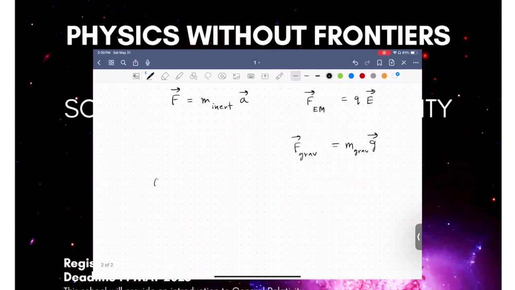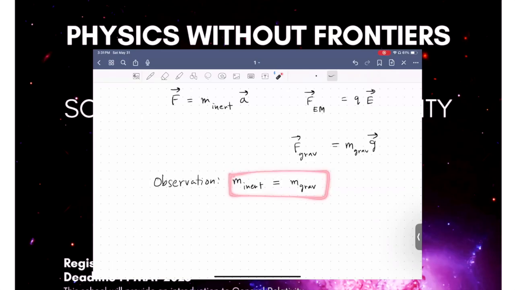So people observed, it's an observation. It's quite a startling observation if you think about it, that the inertial mass is exactly the same as the gravitational mass, right?